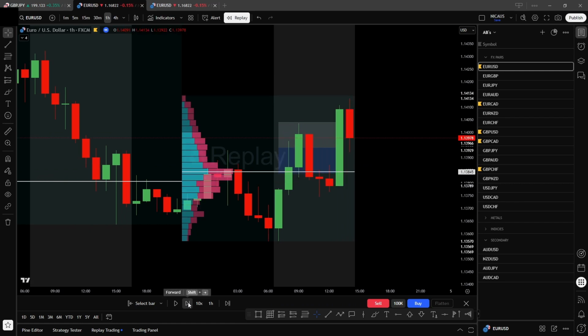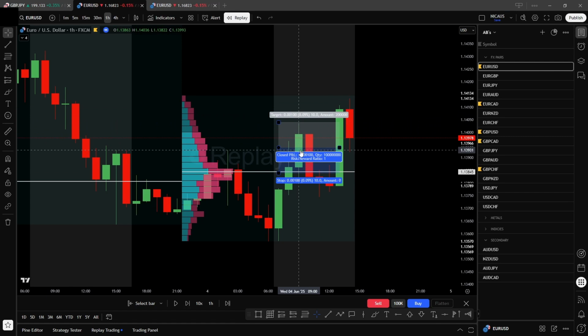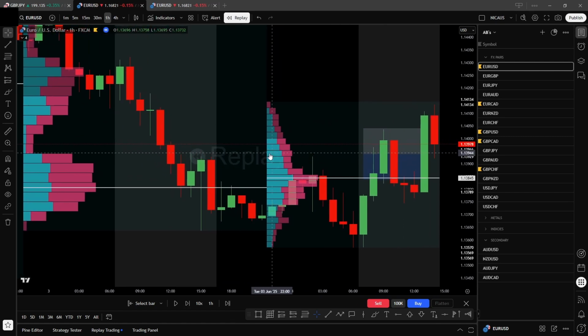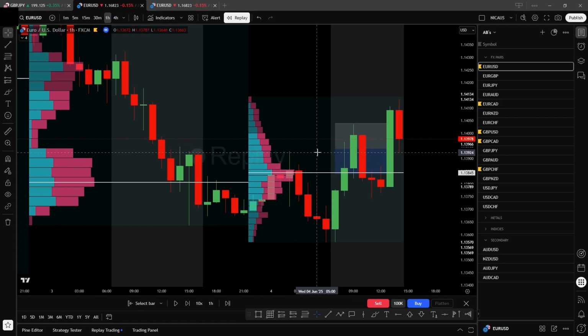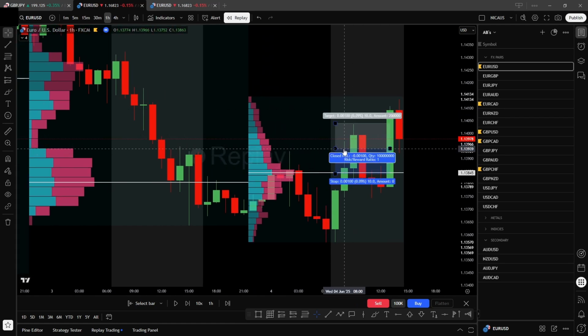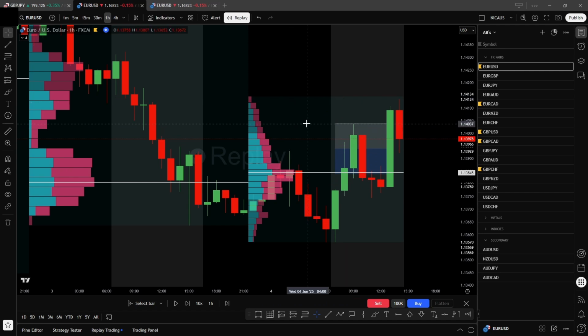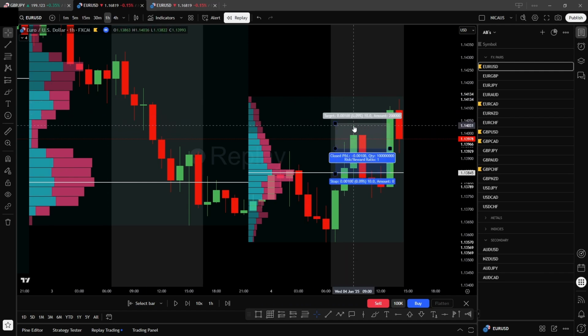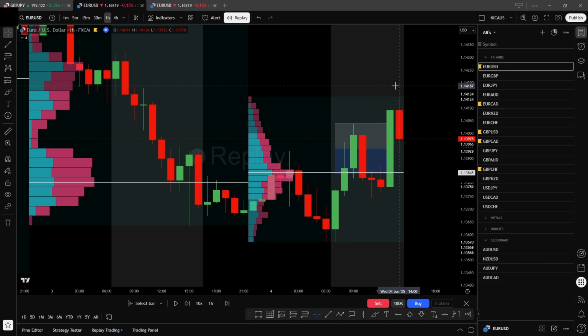It goes through. Now, okay, did we make it? Depends on your broker, blah, blah, blah. It might have been a losing trade, but the point is, look at what happened when it got to this level. It jumped, and it jumped to the next level, rejected, and then passed through.